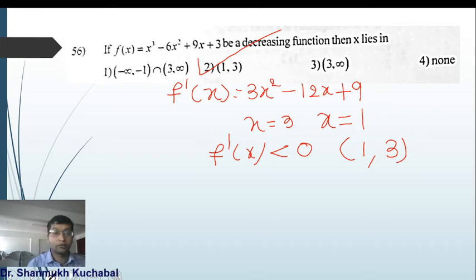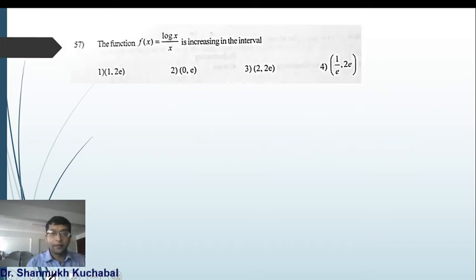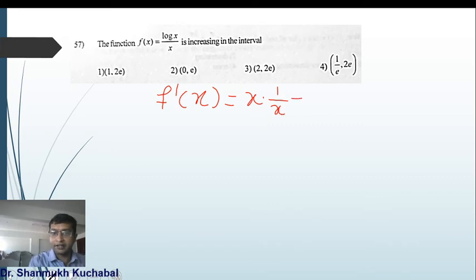Yes, now we will move to the next example. The function f of x equal to log x divided by x is increasing in which interval? So f of x is there, and we need to find the differentiation of this. I am going to get f dash of x as: denominator as it is, numerator log x differentiation is 1 by x, minus numerator as it is, denominator differentiation is 1, whole divided by denominator square.